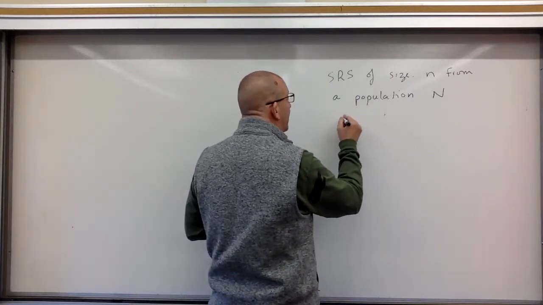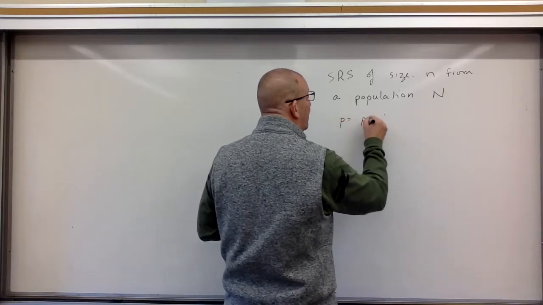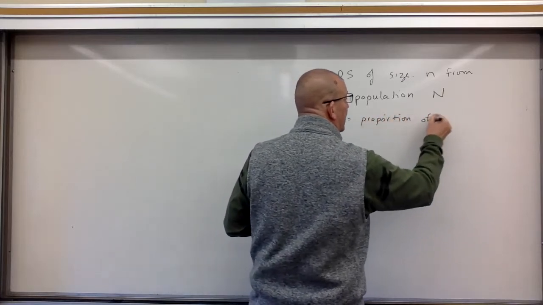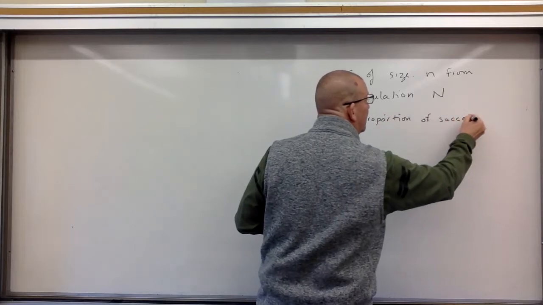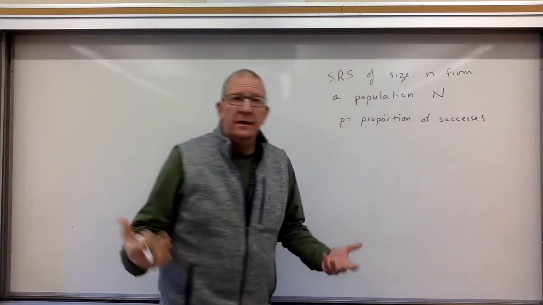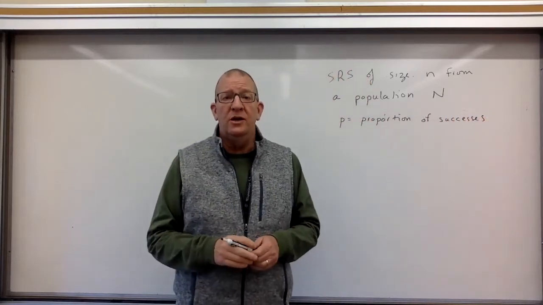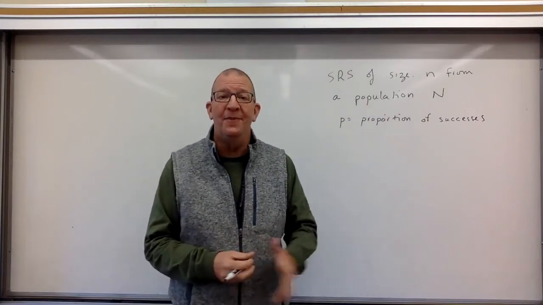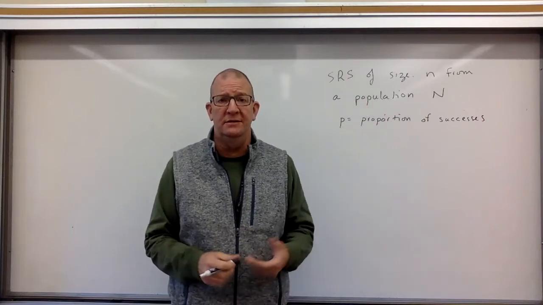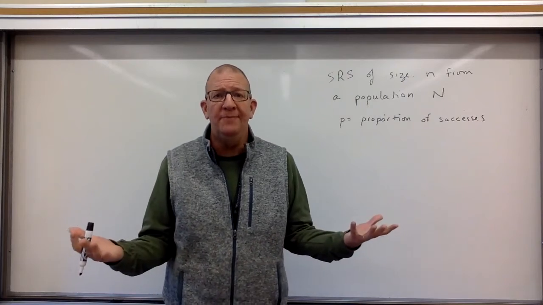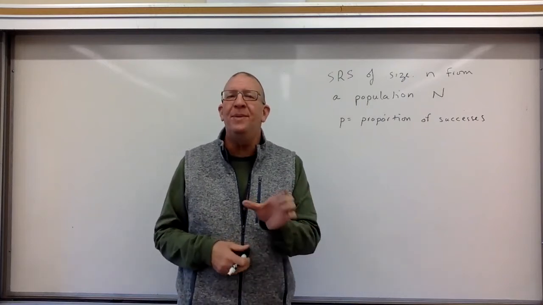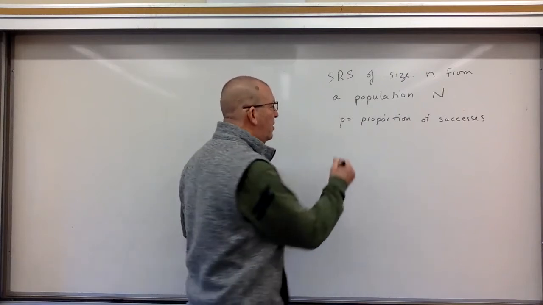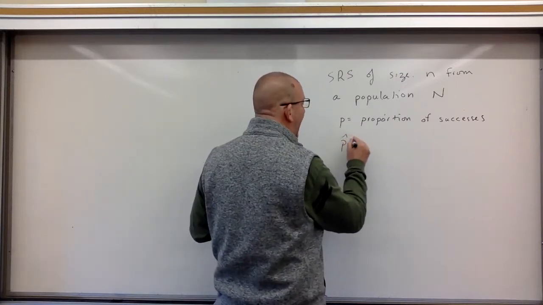We define P as the proportion of successes, whatever your success is. Let's say I'm trying to survey 18 to 29-year-olds about how often they use TikTok, right? P is my proportion of successes. Do I ever know P? Not really. We will at the beginning just to kind of help you through it. But for the most part, we use P hat.